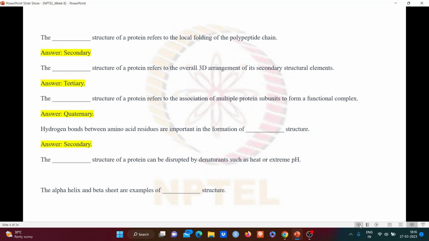So moving forward, what structure of a protein can be disrupted by denaturants such as heat, extreme pH, or could be some chemicals as well? So what structure could be denatured or disrupted using chemical denaturation methods or thermal denaturation methods?